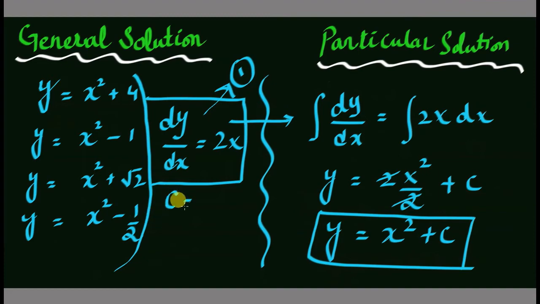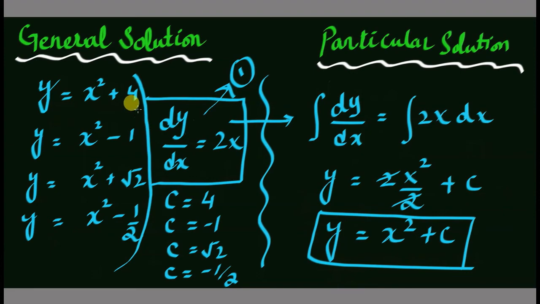When we place different values for c in the general solution, these are the different values for c. So these are the solutions of this particular differential equation. This is a first order differential equation, but these solutions are called the particular solutions of this differential equation.